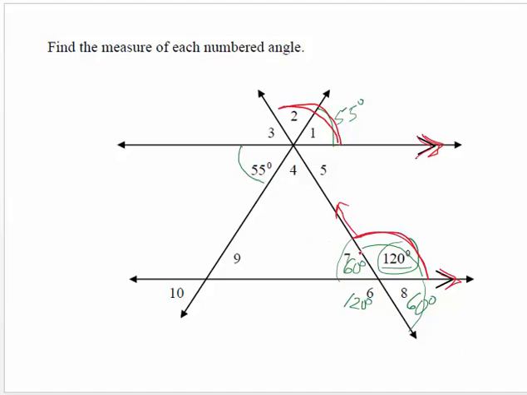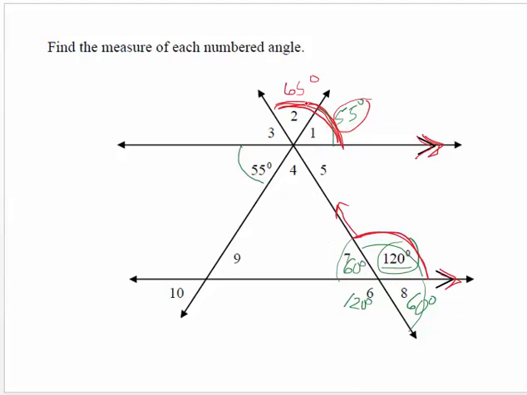In other words, that 120 degree angle is corresponding to this angle that I just drew in red. Well, we know that a portion of it's 55 degrees, so the other portion of it, which is angle 2, is 65, because 65 plus 55 add up to 120.